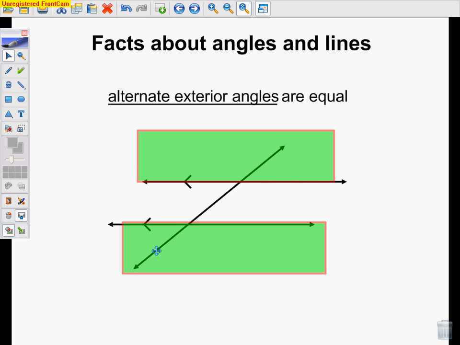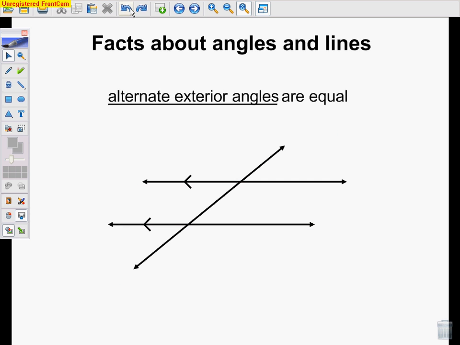They'll be opposite sides of the transversal and on the exterior. So examples of alternate exterior angles would be like here and here. Okay, or even here and here. Those would be alternate exterior, and those measures would be equal.